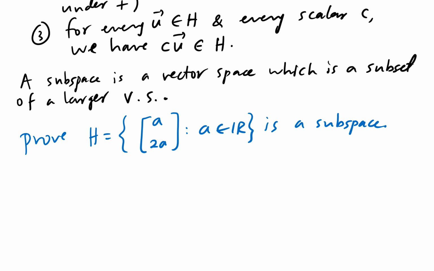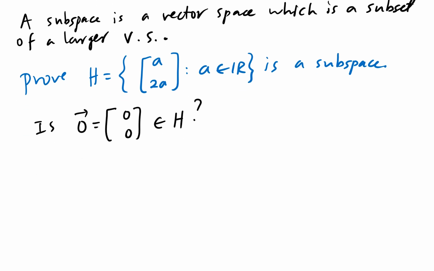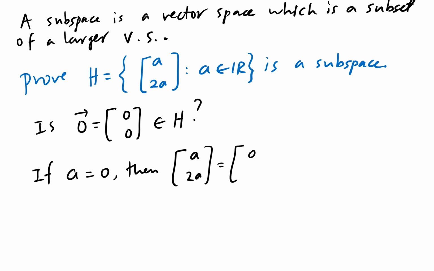The first property is the zero vector in H. Is the zero vector (0, 0) in H? Well, because a is a real number, we can set a equals 0. Then (a, a) becomes (0, 0), which is in H. So the first property is fine.